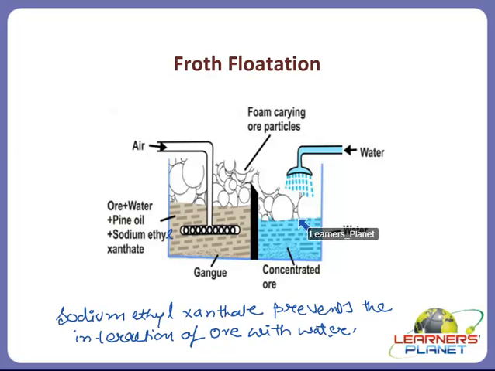So from where can we get concentrated ore? We collect the foam in another container. There the ore particles leave the oil because there is less concentration of oil, and they get settled at the bottom.